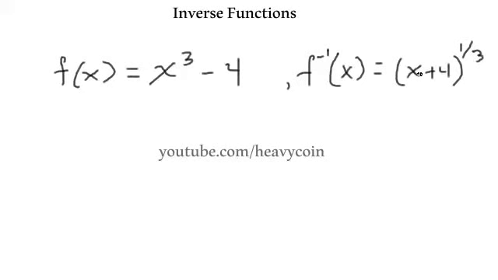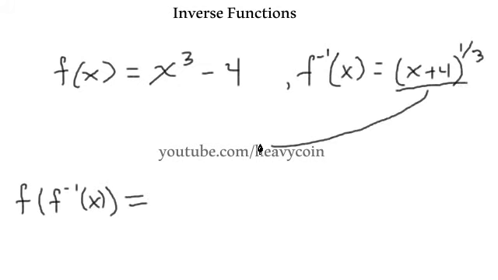Alright, we're going to test if these are both inverses of each other once again. So I want to go through and show you how to do this again, give another example. So we're going to take this whole piece here and we're going to plug it right in for x right there.